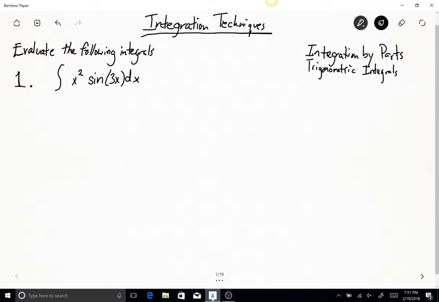Alongside those trig integrals, we have trigonometric substitution, and that's usually when we have a square root involved. We have partial fractions. And then from Calc 1, the thing that slips by people, we have u substitutions.